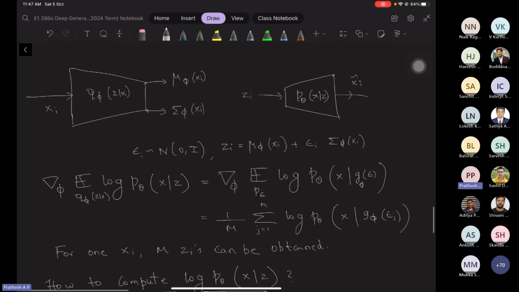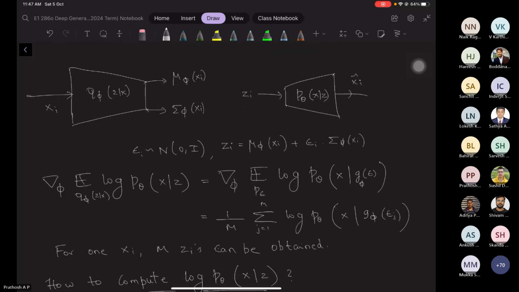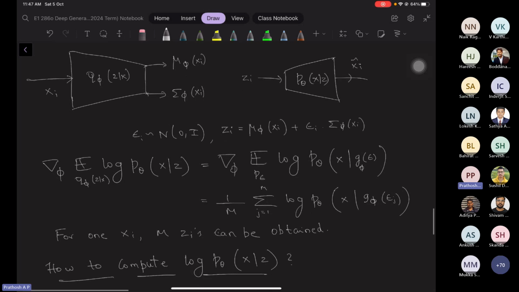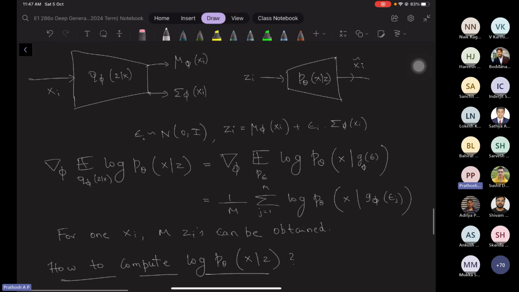The encoder is always probabilistic. Xi will give you mu and sigma. Once you get your mu and sigma, you sample epsilon j from normal 0, 1, and then you reparameterize and get m zj's. Okay.